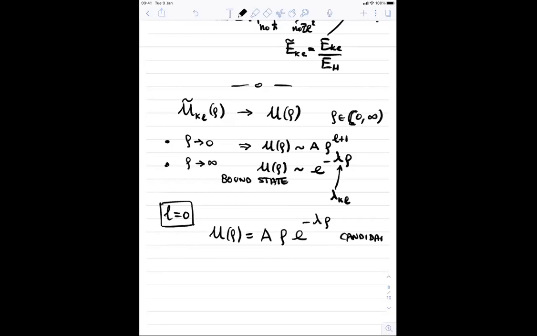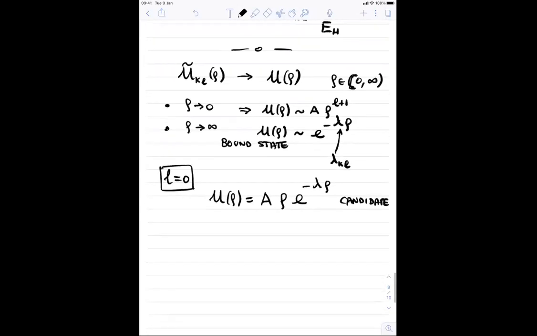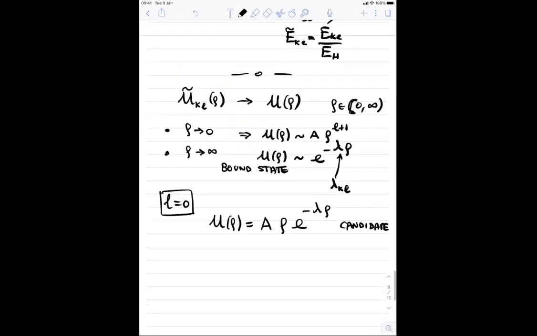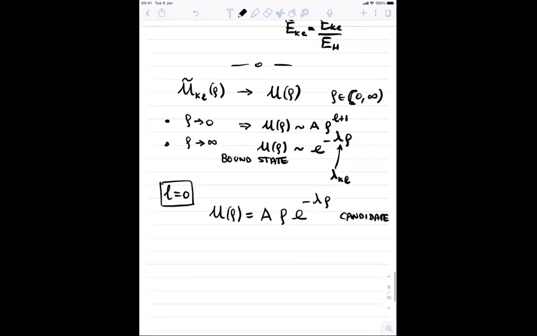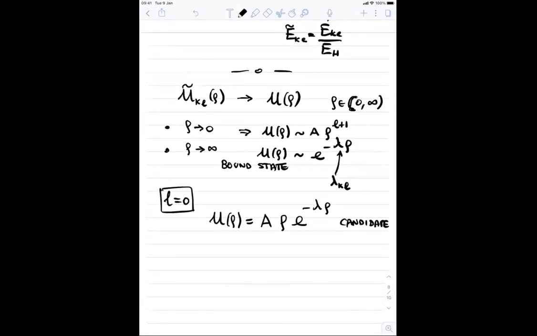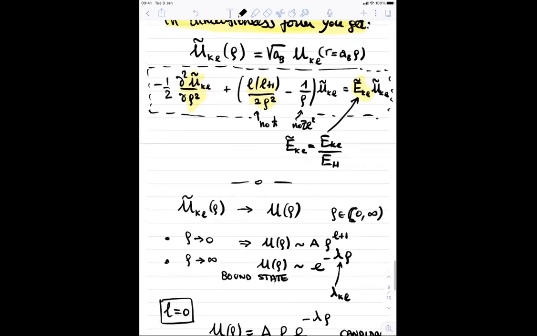So I do a little bit of algebra. I substitute in the Schrödinger equation. I remind you that the Schrödinger equation is this. So I should do minus 1/2 the second derivative with respect to rho of this object, A rho e to the minus lambda rho. And then I have plus L is equal to 0, so nothing.